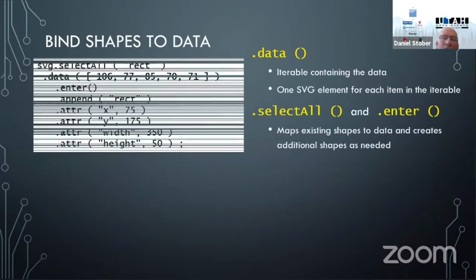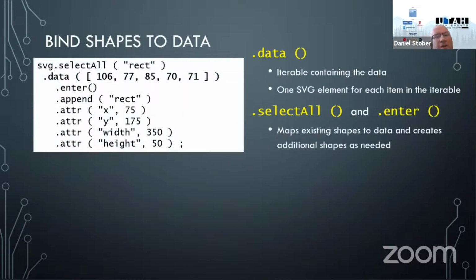Okay, so we've gotten the basics of how to create an SVG and how to put shapes onto an SVG. So now we're ready to try to put some data into it and begin to actually build a chart. So you see here, I have a couple of new things that we haven't seen before. Most of this stuff you should recognize. We have the append rect and we have the attributes that are going with it here.